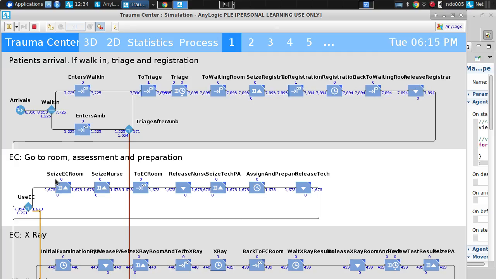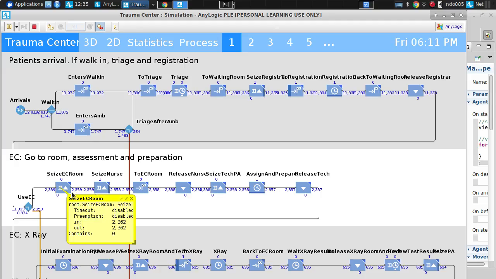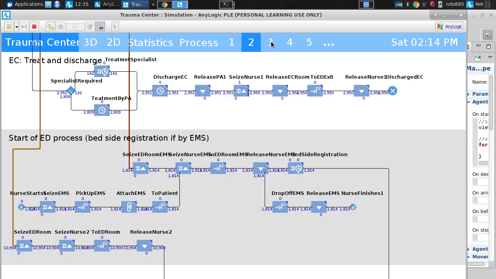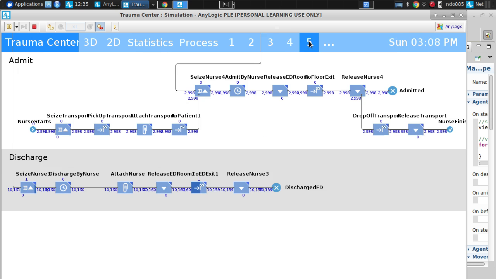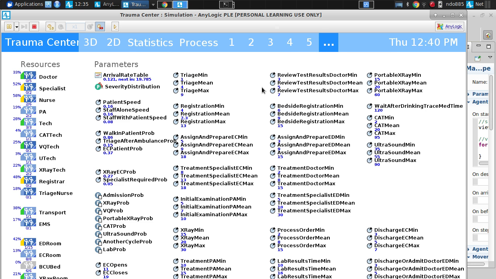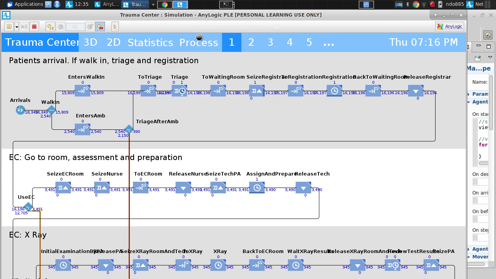If they are going to use express care, they go through a process of being allocated a nurse, going to a room and releasing the nurse. They have to be allocated a room, and if none is available, they wait. So you can see statistics on the number that have come in and the number that have left. This is a depiction of different parts of the process. In fact, there are 5 depictions here, and this provides some further information at a more implementation level.